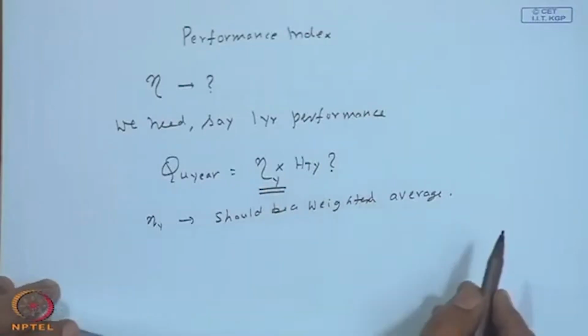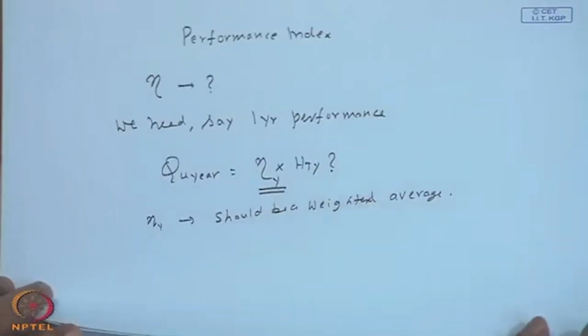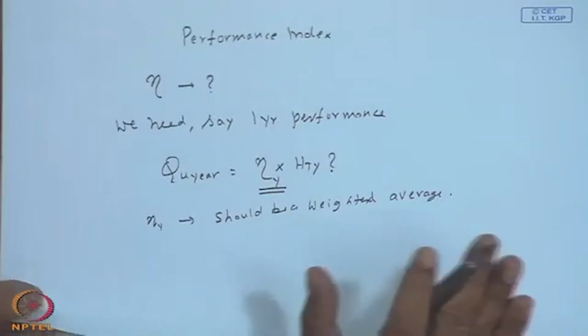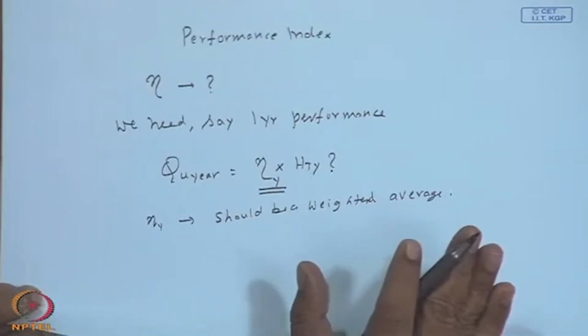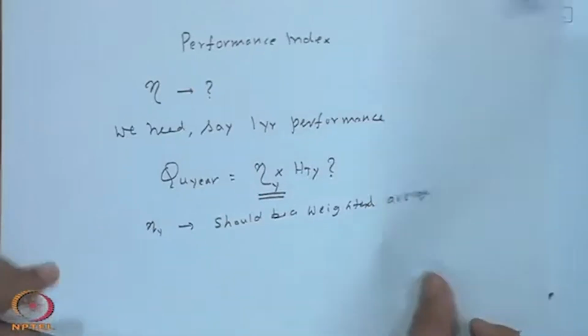So, if I want to have a typical yearly efficiency average, I should really sum up all my inputs multiplied by the efficiency and then divide it, which essentially means your calculations for the entire year.